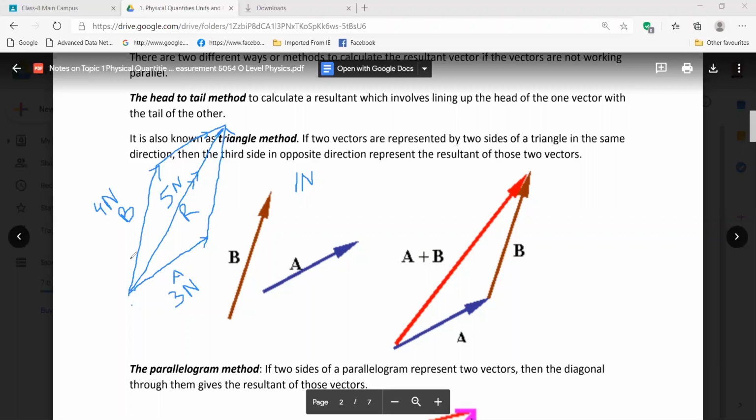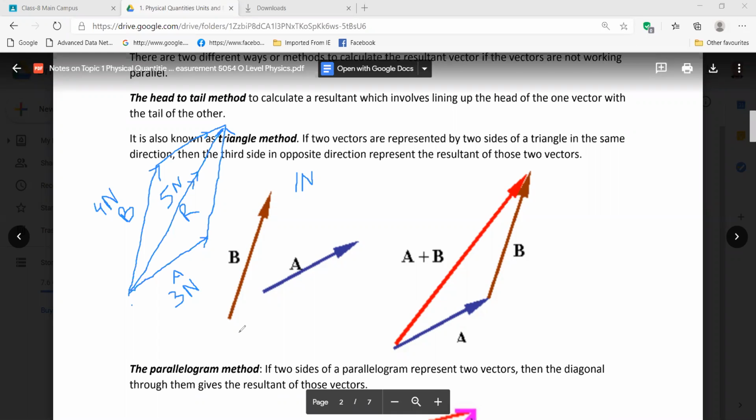Because we got these 2 vectors, and we have to take the diagonal through these 2 vectors. It goes through the given vectors. That's why we are taking only this diagonal length, which gives us the resultant.